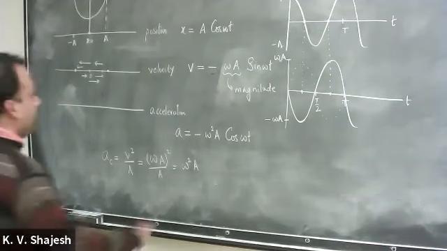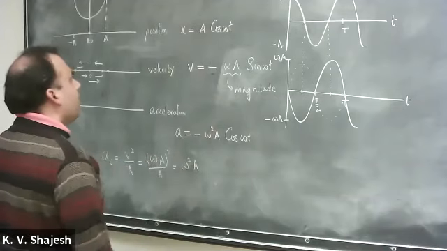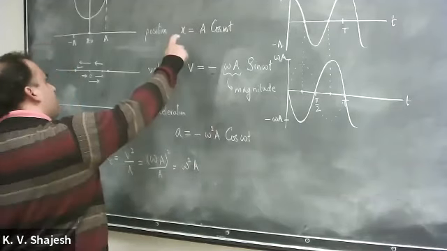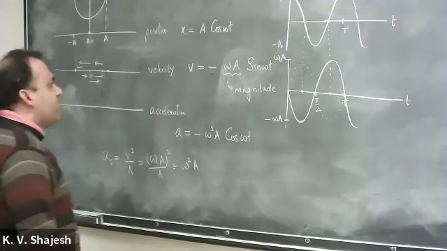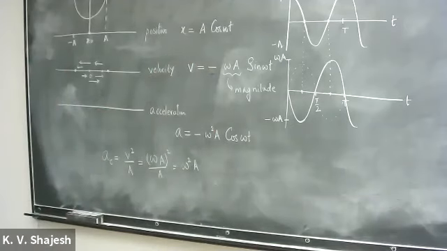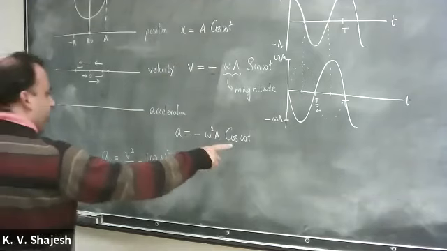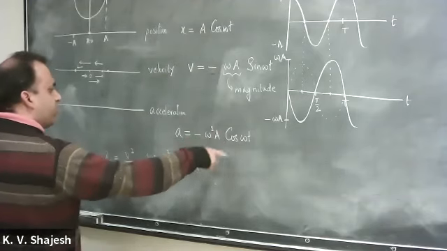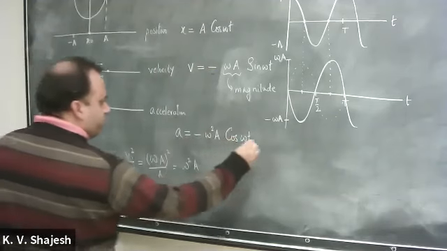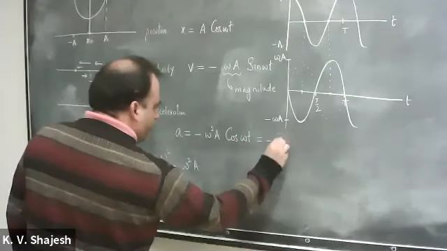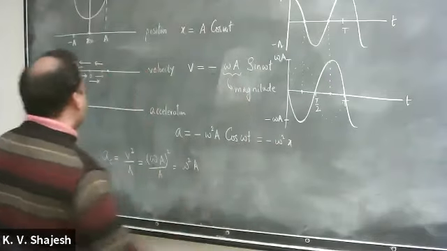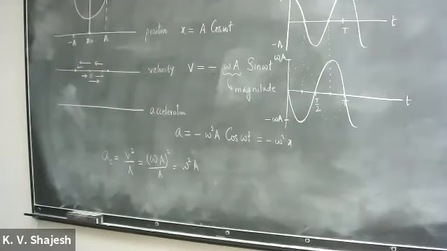So that's your three results: position has a cosine function, velocity has a negative sine function, and acceleration has negative of a cosine function, which is actually position itself. So this can also be thought of as minus omega square x, right? That's our starting point. So all this fits in. That's a verification that everything fits in.